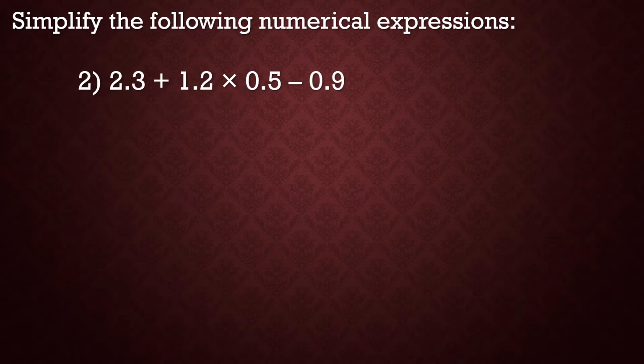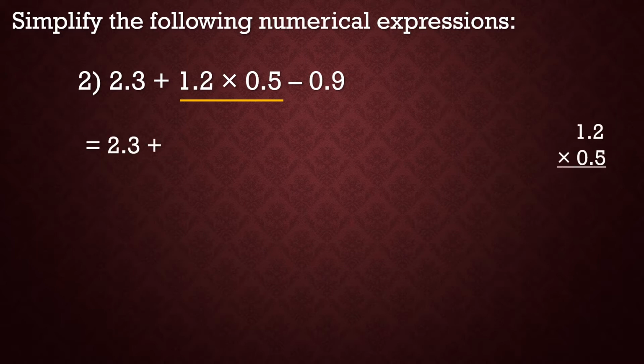Let us solve one more question. Question number 2. 2.3 plus 1.2 multiplied by 0.5 minus 0.9. Now tell me, according to DMAS, what we have to solve first? Addition, multiplication or subtraction? Yes, multiplication. So do the multiplication. First, write 2.3 and plus sign as it is.